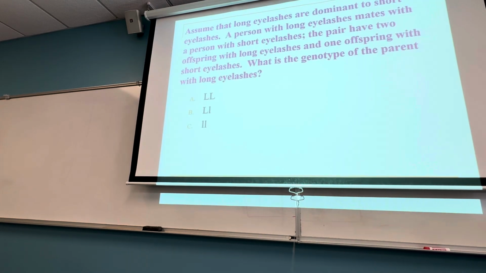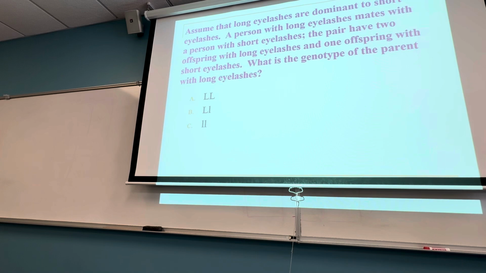One more practice question. So we are assuming that long eyelashes are dominant to short eyelashes. I don't know if this is true, I just made it up. A person with long eyelashes mates with a person with short eyelashes. The pair have 2 offspring with long eyelashes and 1 offspring with short eyelashes. What is the genotype of the parent with long eyelashes?